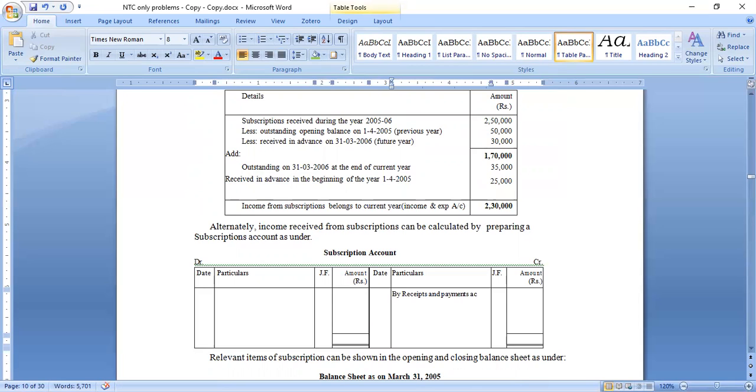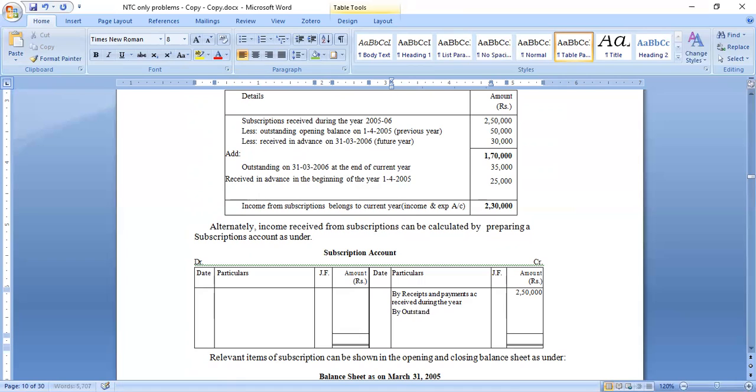Receipts and payment account. Received during the year, 2,50,000. So what are the amounts we have to add?